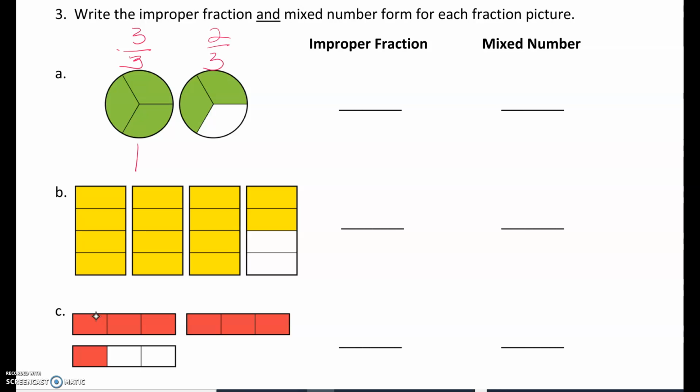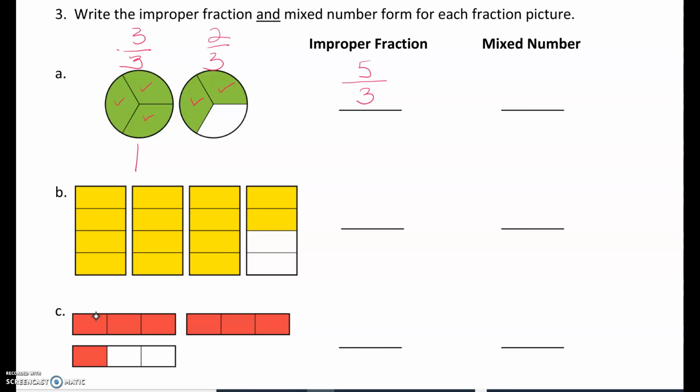So my improper fraction is 1, 2, 3, 4, 5 total shaded pieces over how many units am I breaking it up into? Well, 3. So remember, the denominator is how many equal pieces the figure is being broken up into. The numerator is how many we're focused on or how many are shaded in. In this case, it's 5.